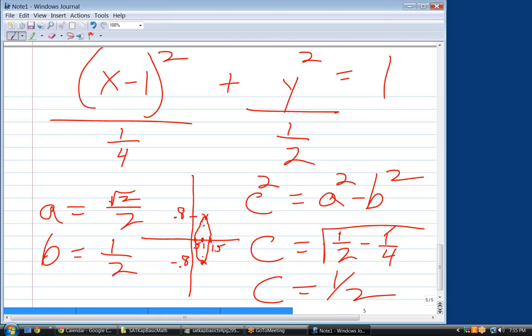Yeah, and then to find the foci, you go up by C. So it's going to be plus or minus 1/2. So this focus is 1, 1/2, and this focus is 1, minus 1/2.